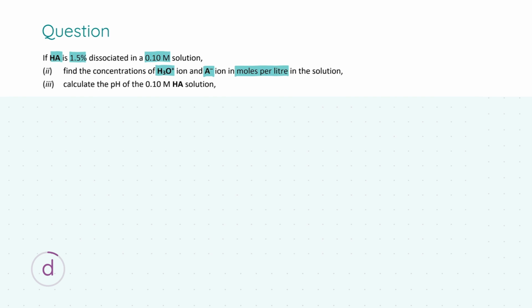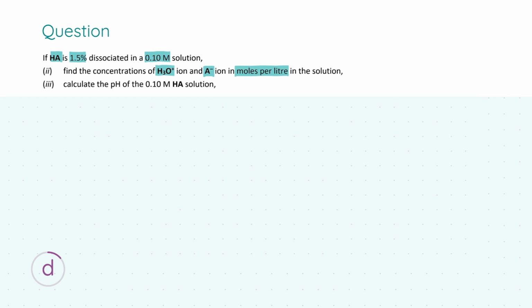So this sounds a lot more complicated than it actually is. The dissociation of HA on the right hand side of our weak monobasic acid is going to equal the concentration of both H3O plus and A minus on the right hand side.